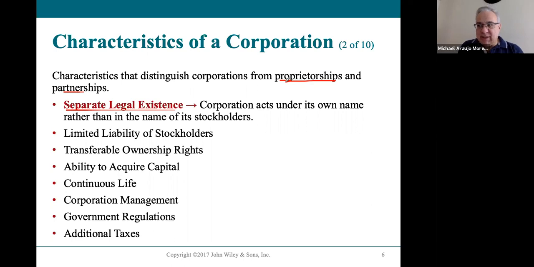Not just you, the business, is getting sued, you, the person, is getting sued. Everything you own is up for grabs. That's what's at risk for a proprietorship or a partnership. That's called unlimited liability, unlimited legal liability.